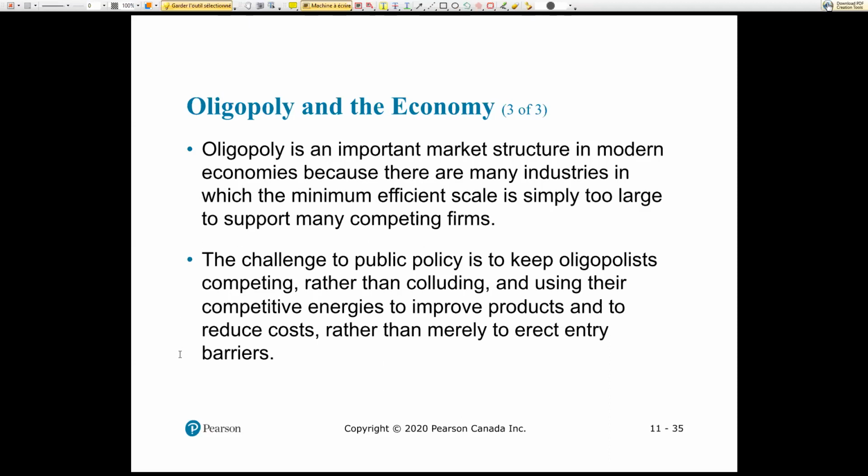Yeah, so one important thing here to note is the challenge for public policy to keep oligopolists competing rather than colluding. And again, this is difficult.